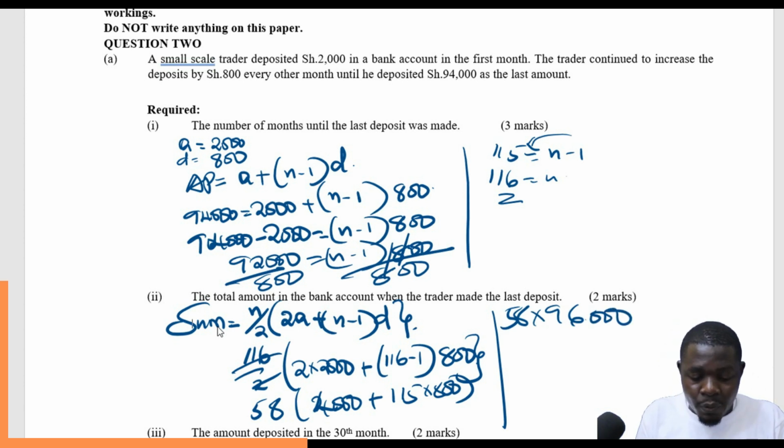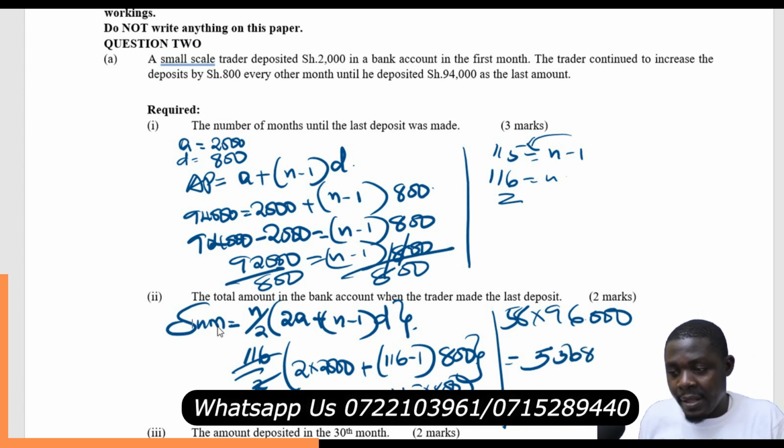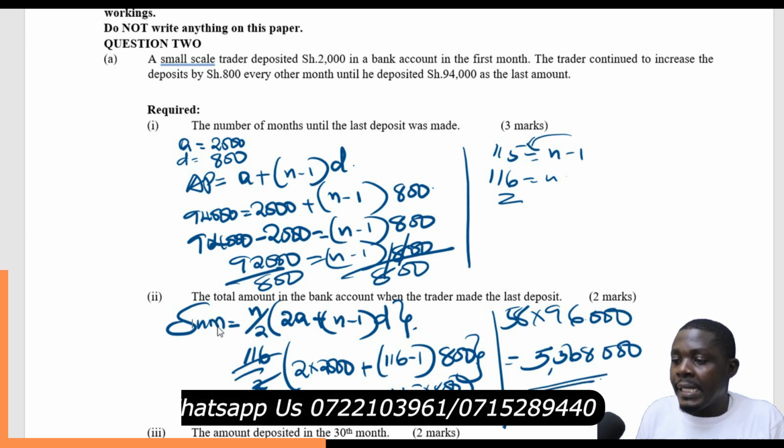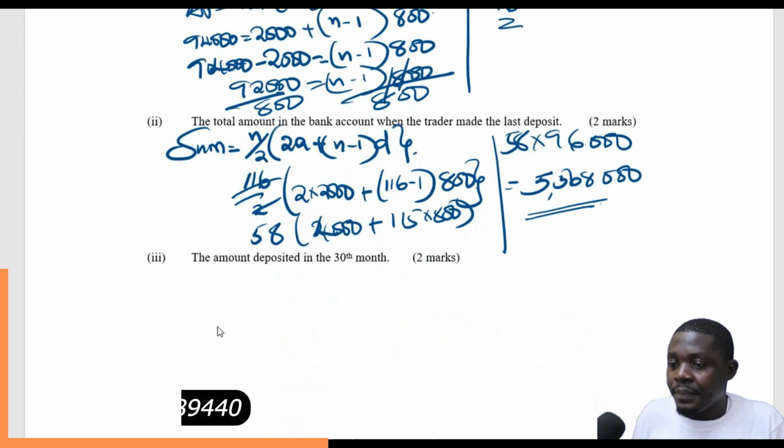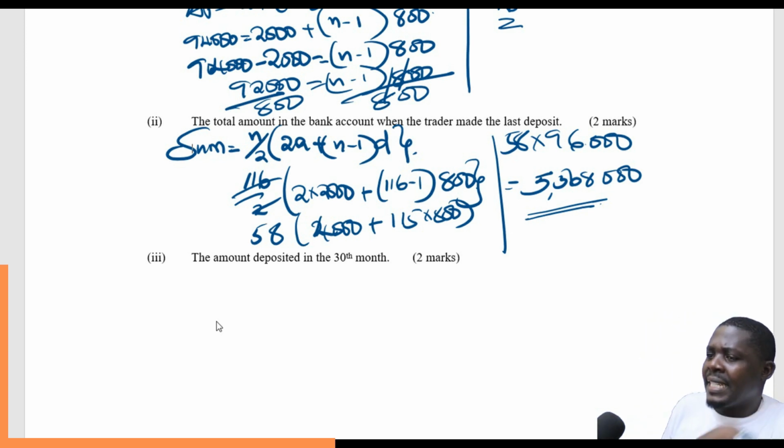Multiplying the answer by 58, that was 5,568,000.